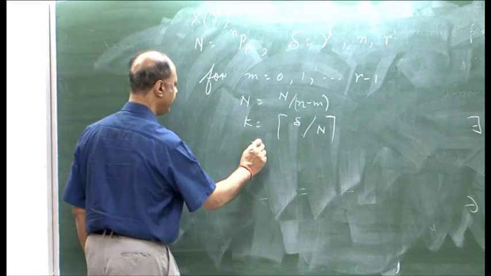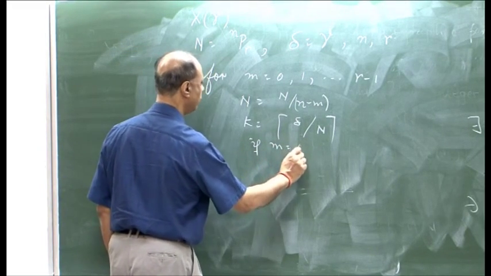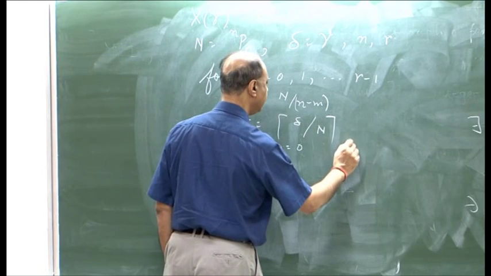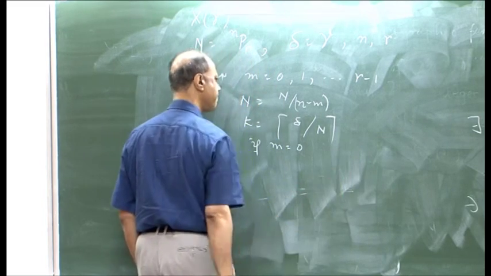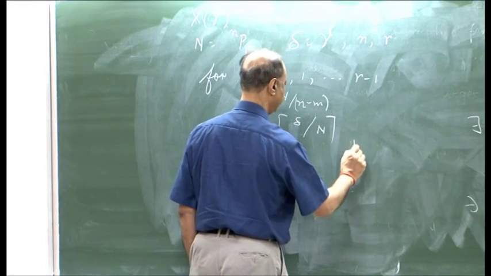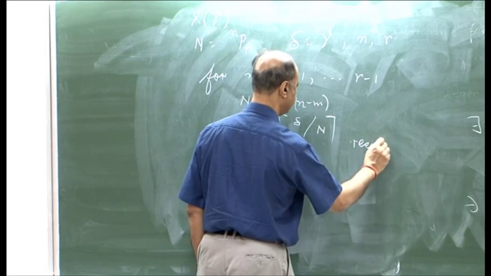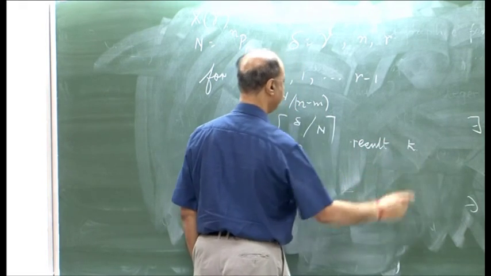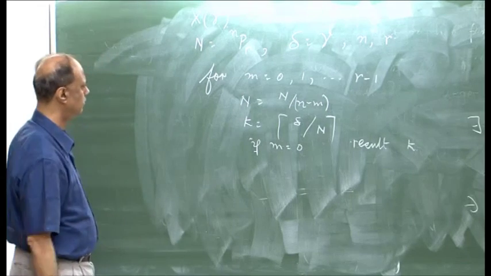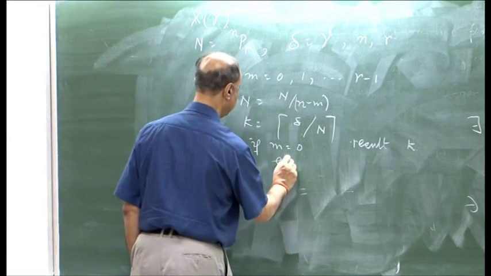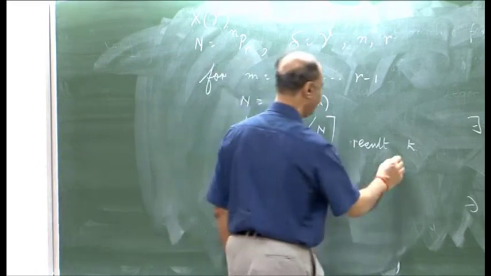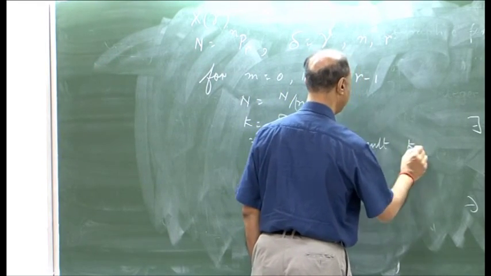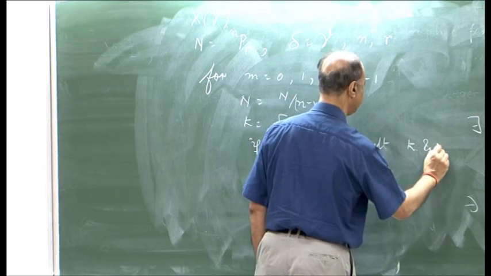So if M equals 0, that is the first iteration, then your result is K. Result is, just take away K. Else, the result is K and insert in A.